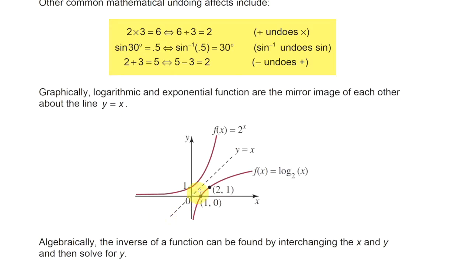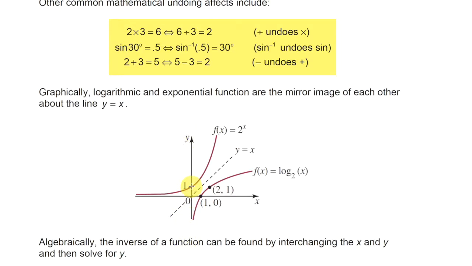So there'd be another point here at 1, 2. We know with inverse graphs, it's the original graph just mirrored in the line y equaling x. So you can see that we've got that curve, and if we mirror that curve in the line y equaling x, we'll get this. Now I'm telling you that y equaling 2 to the x, its inverse is y equaling log base 2 of x. And let's look at that shape. This time we have an asymptote at x equaling 0.